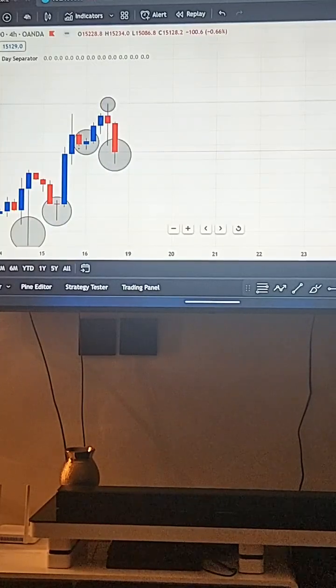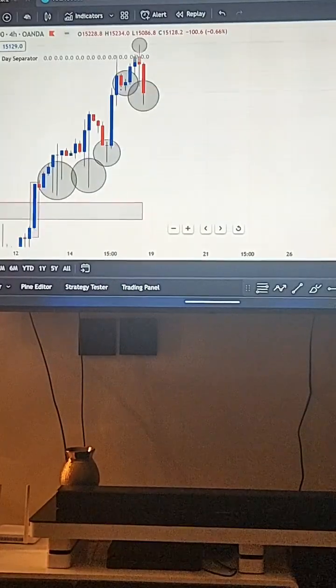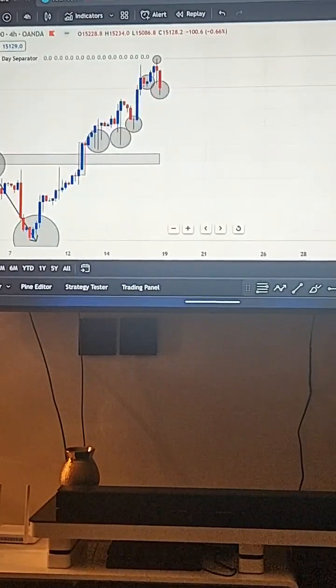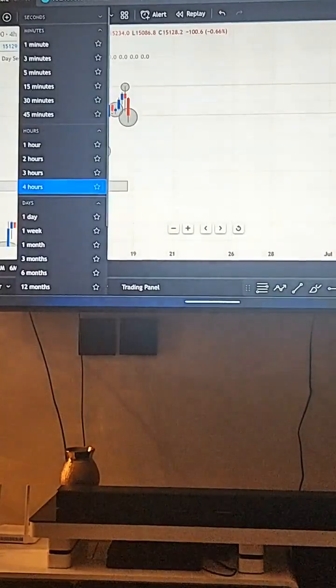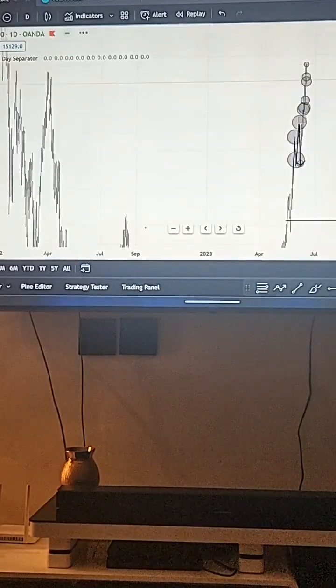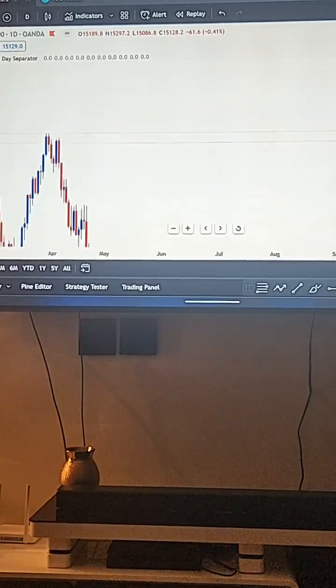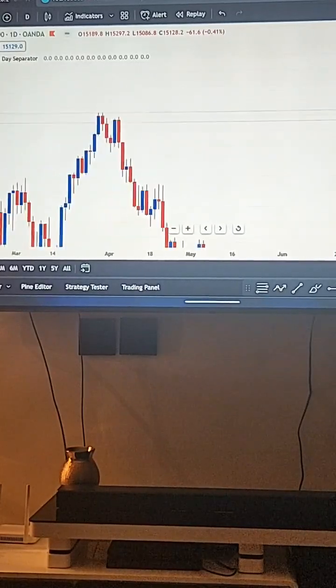So now we look at point of interest. We look at a higher time frame. We look at, is there anything more powerful up ahead of us than below us? So we go to a daily time frame and we start looking at, is there anything above us? Well, yes. There's liquidity.